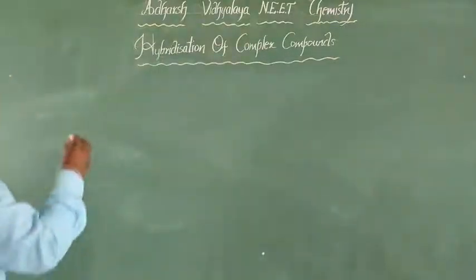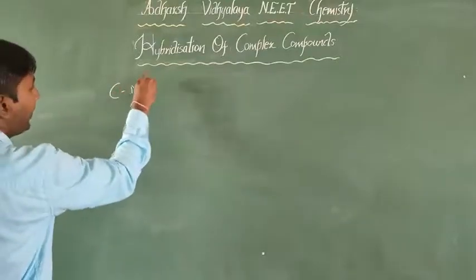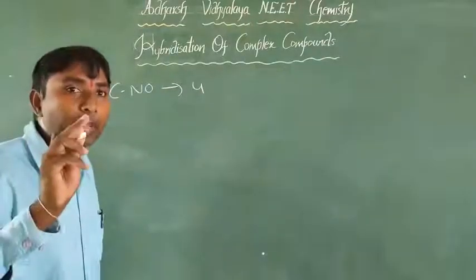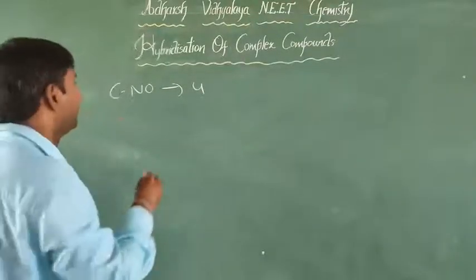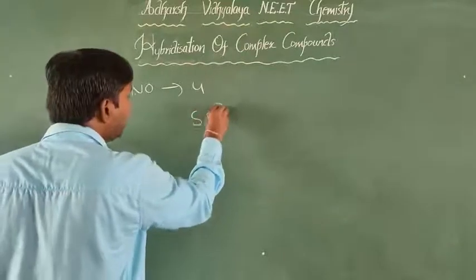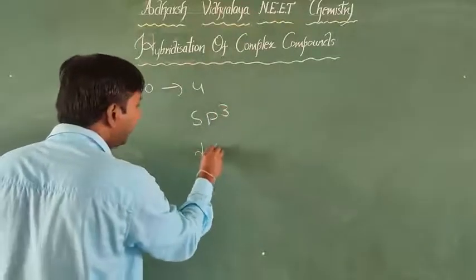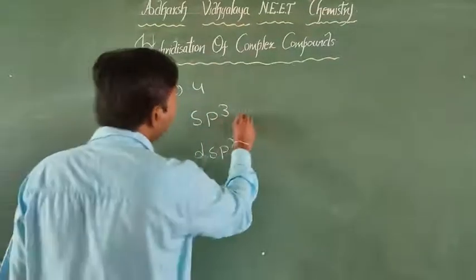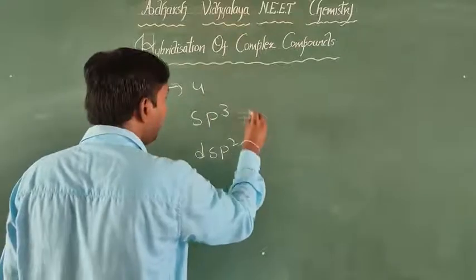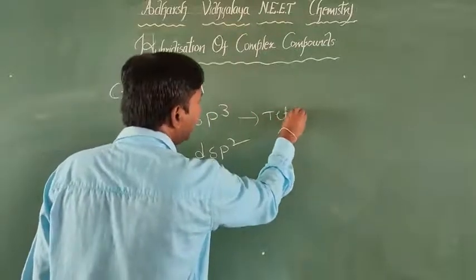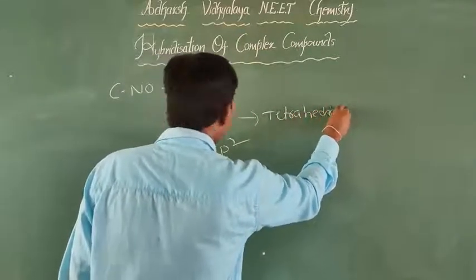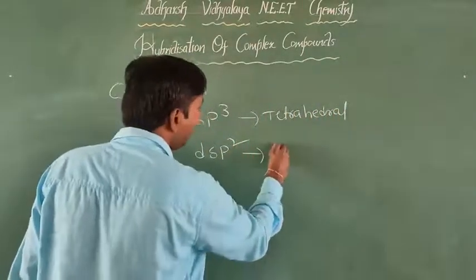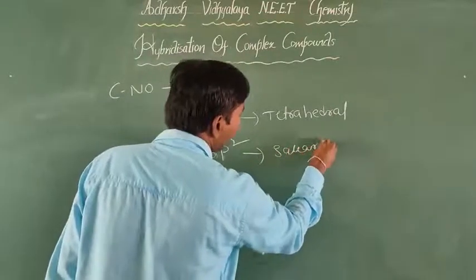For example, coordination number 4 has two types of hybridization, that is sp3 and dsp2. sp3 means the geometry is tetrahedral. dsp2 means the geometry is square planar.